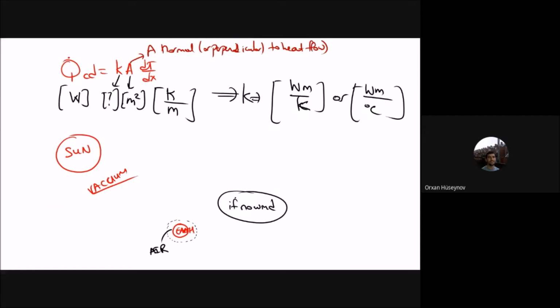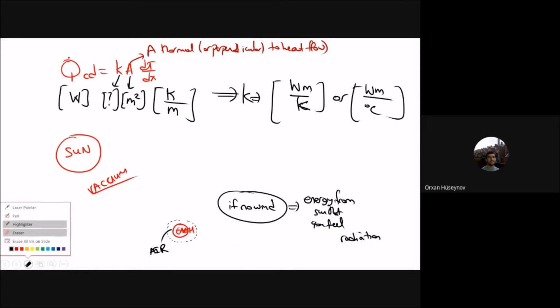As I said, if there is no wind, then the energy from the sun that you feel is mostly radiation.